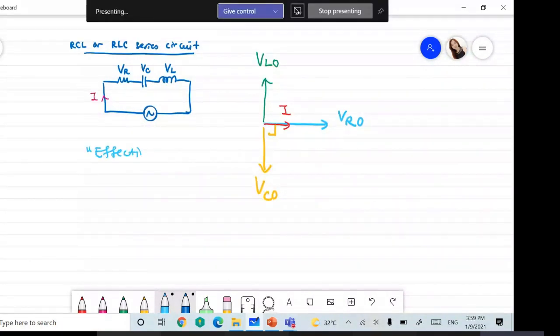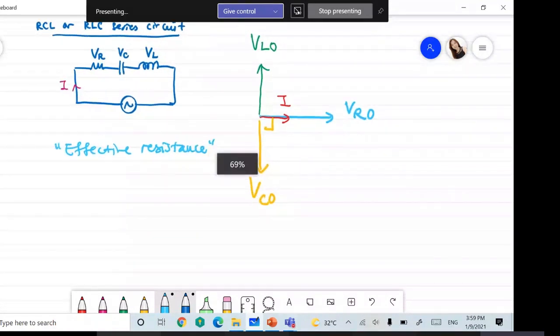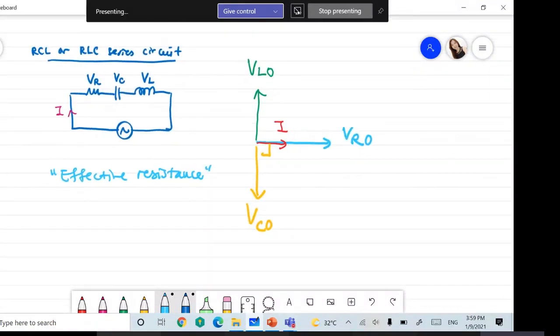Now, the effective resistance in this RLC series circuit. We don't call it a resistance, because for an inductor and a capacitor it is called reactance. Therefore, in this RLC series circuit, for the effective resistance we have a term called impedance. The symbol is capital letter Z, impedance.